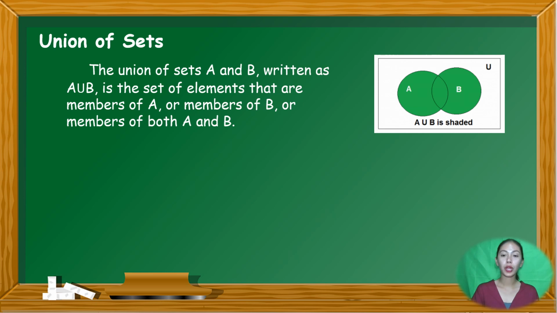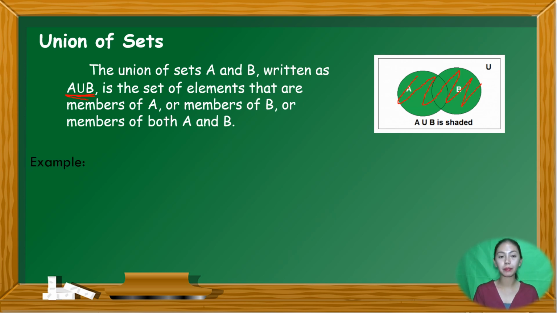The shaded part is the union of two sets. So again, the union of A and B can be written with this symbol, which represents the elements of both A and B.